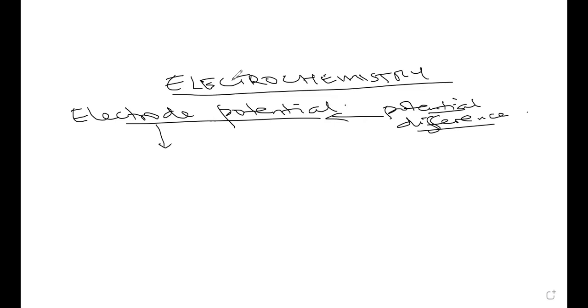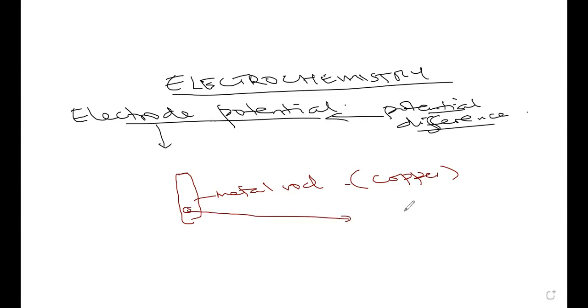Let's assume we have a metal rod. This is a metal rod, and that metal rod is for any given metal. Let the metal maybe be copper metal. This metal rod usually has metal ions in its lattice. If I pick just a portion here and try to show you the structure of this metal rod, this is what actually happens.